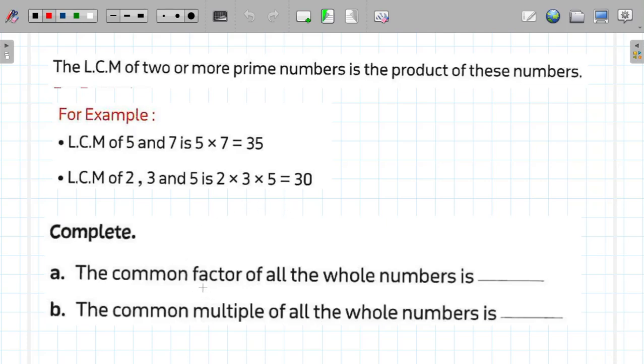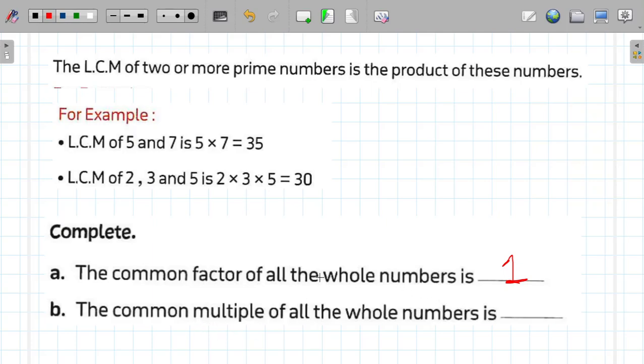The common factor for all numbers is 1. And we know that for sure, because the timetable of 1 contains all numbers. So I can say that the common factor of all numbers is 1.